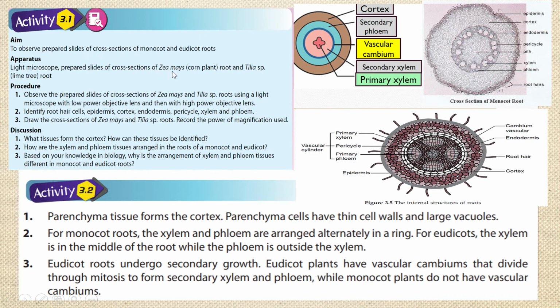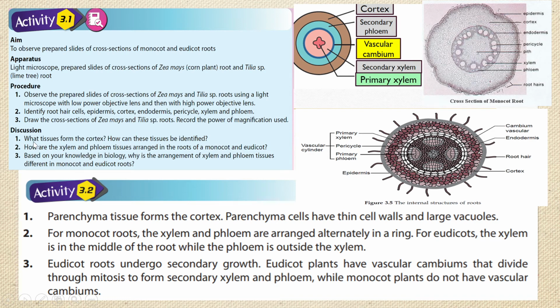So for Zea mays, the corn plant, sorry, just now I mentioned the corn plant. That is the monocot structure, monocot plants. Tilia is representing the eudicots. Look at the discussion. Draw the cross section of the Zea mays and Tilia species roots. Record the magnification.